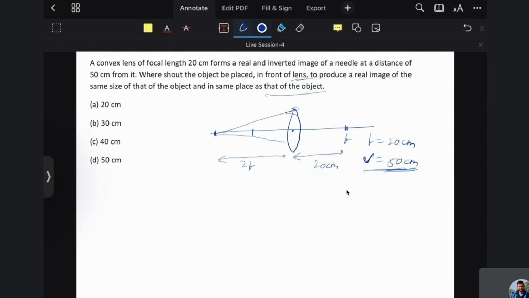Okay, so suppose this is our object, so one light ray will go like this. This is a convex lens.